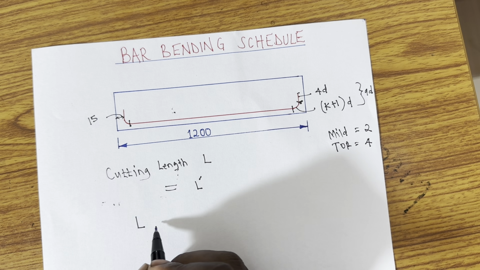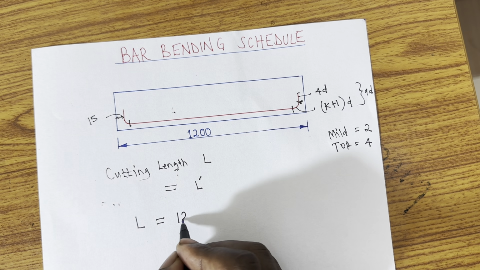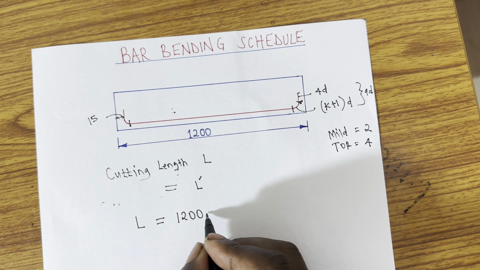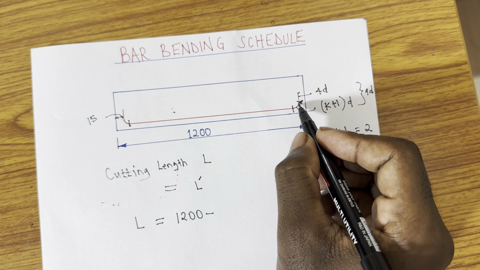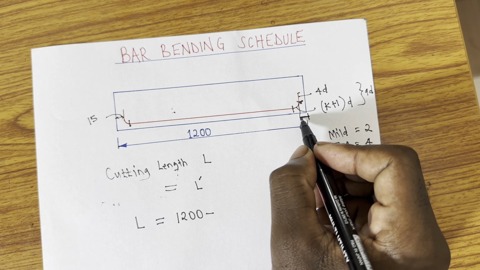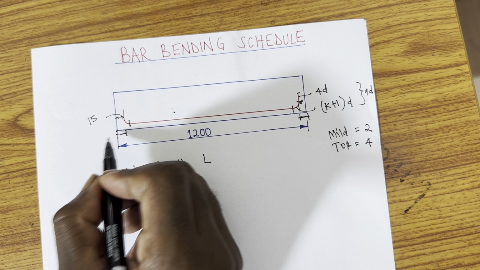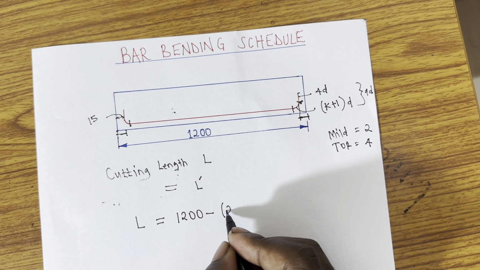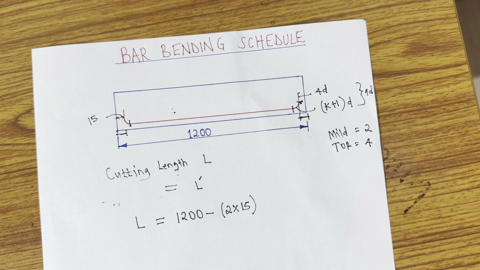Cutting length L is going to be, first, the total span, which is 1200. That is what I know, okay? Now, let us subtract the clear cover. So this part, from this to this, is what I'm calling the clear cover. On this side also the same, to this, is the clear cover. And it is 15, meaning that I will have 2 of them times 15. Okay? Yes.